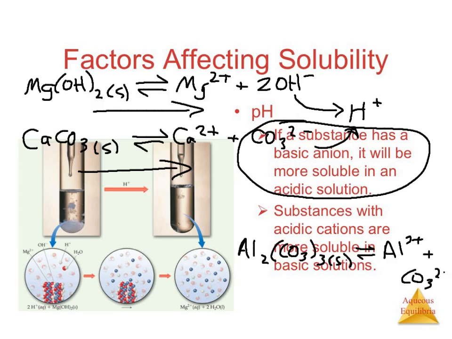Sorry, I'm running out of room. But let's say that you put that into a solution with hydroxide in it, so it's got some OH-. Well, aluminum will react with the hydroxide to form aluminum hydroxide. So again, you're taking away one of the products, and that's going to shift the equilibrium towards the product side and make it more soluble. So same thing works if you've got an acidic cation that can react with a base. They just don't talk about that one as much until they get to amphoterism.